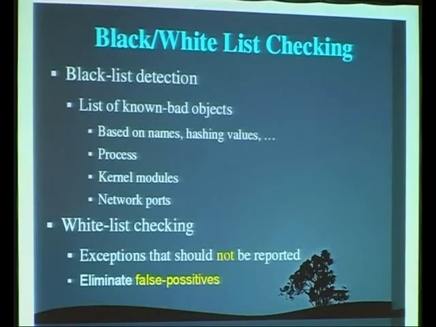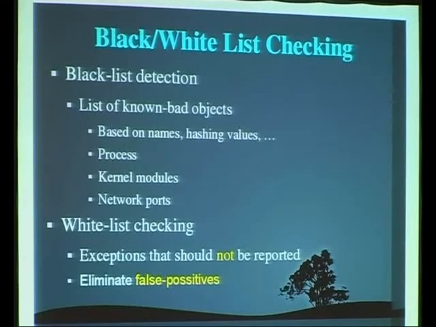The third detection method we employ in Equimolo is blacklist and whitelist checking. So blacklist detection is very simple. You know for sure that if you see something inside your system, that's a rootkit, that's malware. For example, some well-known malware installs some well-known kernel module inside the system.